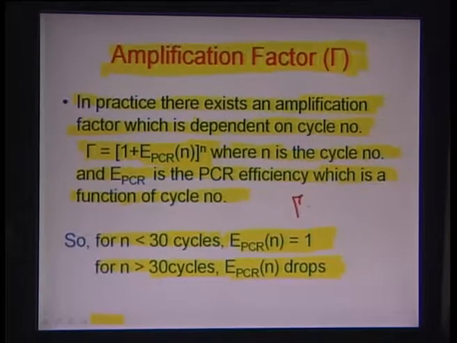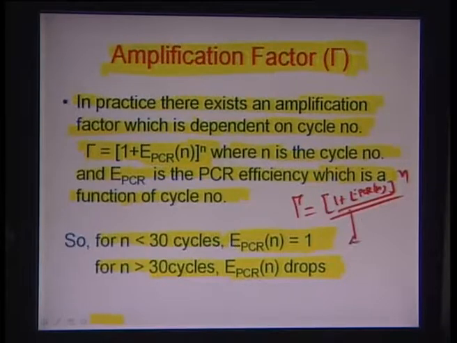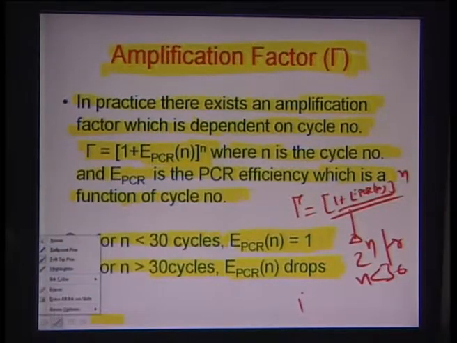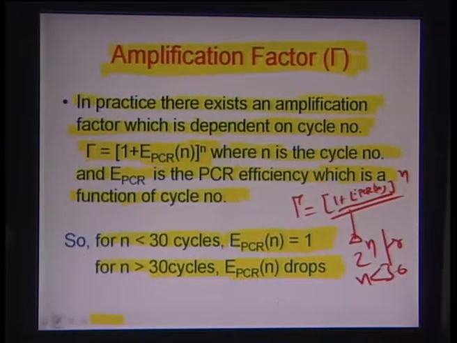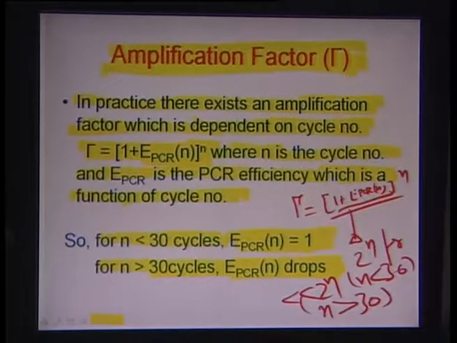So, the gamma here, (1 + E_PCR(n)) to the power n, would tend to 2 to the power n for n less than 30, and would be much smaller than 2 to the power n for an n value more than 30 cycles. All right, so that is the dynamics of PCR processes.